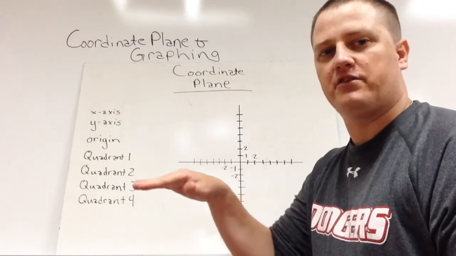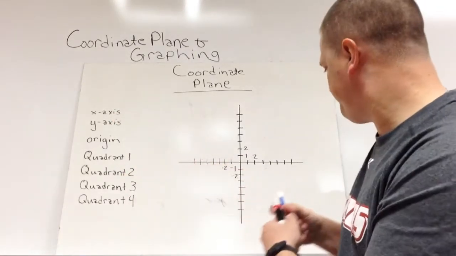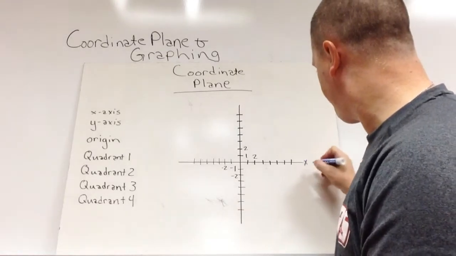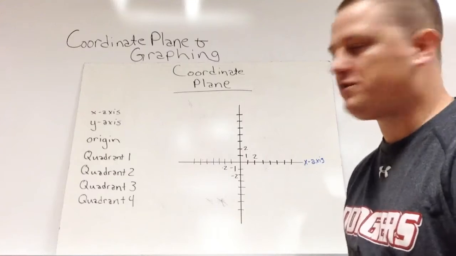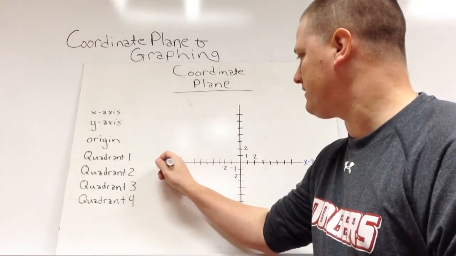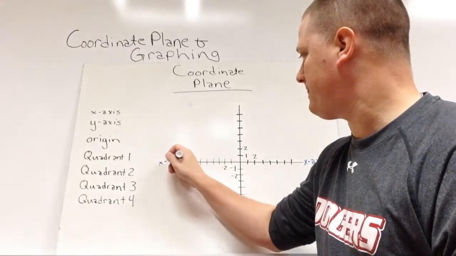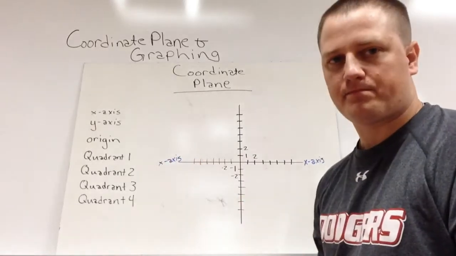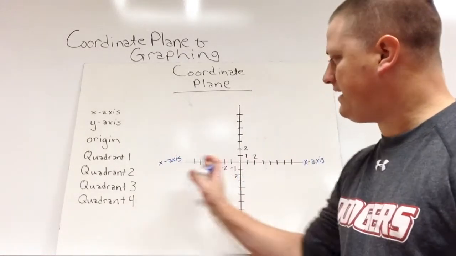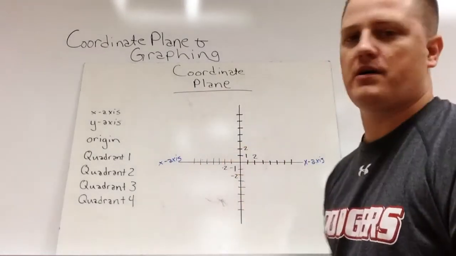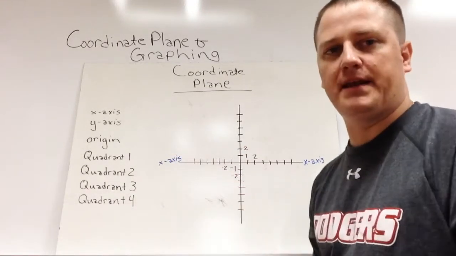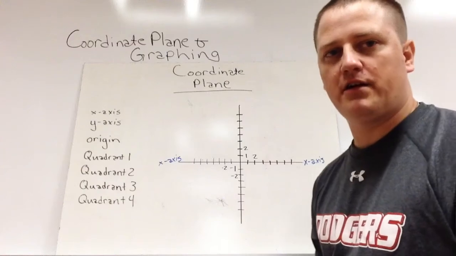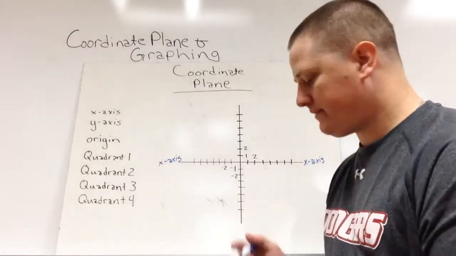The x-axis is our horizontal. So there's our x-axis. Some like to label it on both sides. We have a positive side and a negative side, and then 0 in the middle there. We can make this a little bit different, but this is our standard coordinate plane.